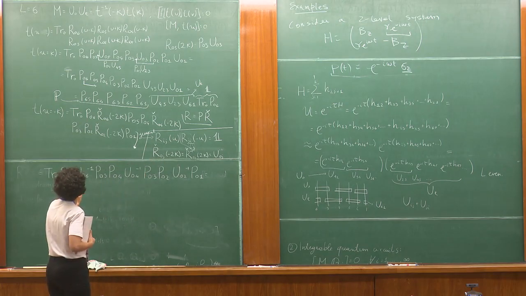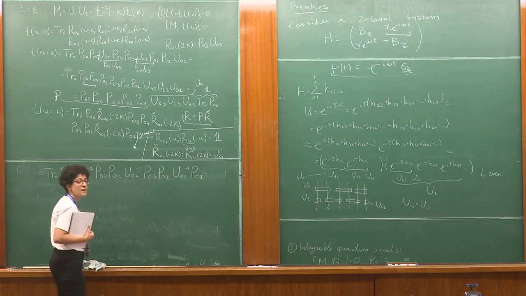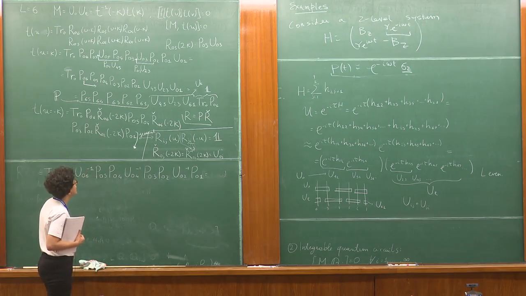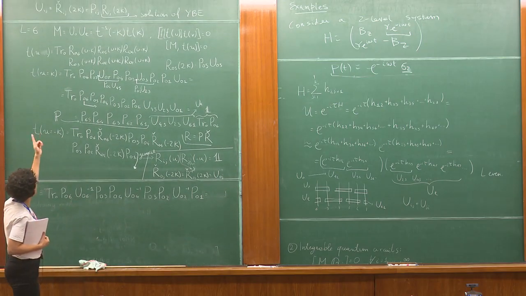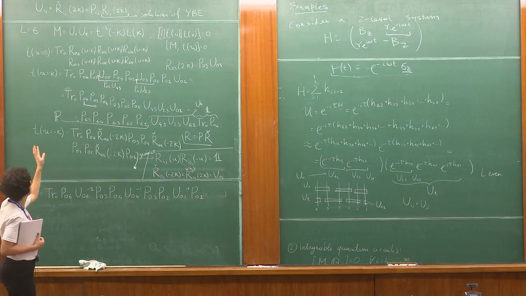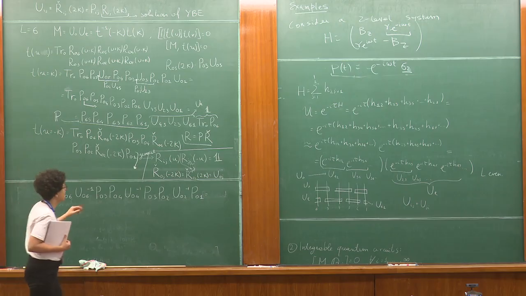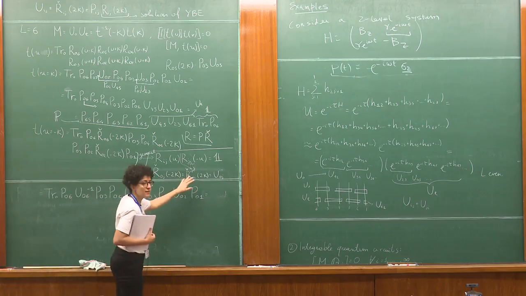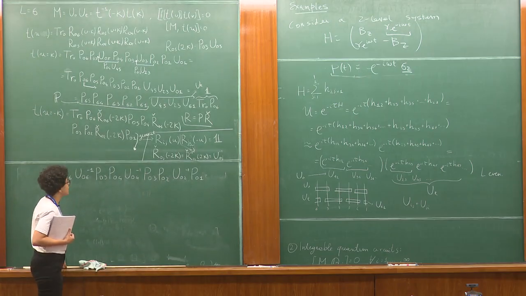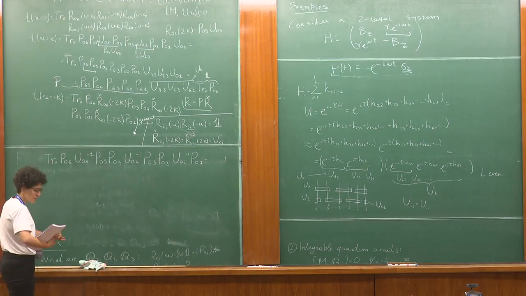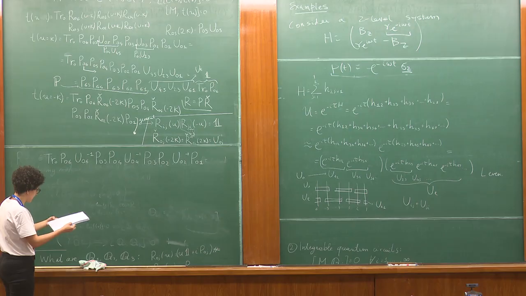Because above, for R_0,2k, you wrote P_0,2k U_0,2k there. I am using the definition at the very top, so U_ij equals R check. So I think it should be like this. But please check, because there may be some typos along the way.